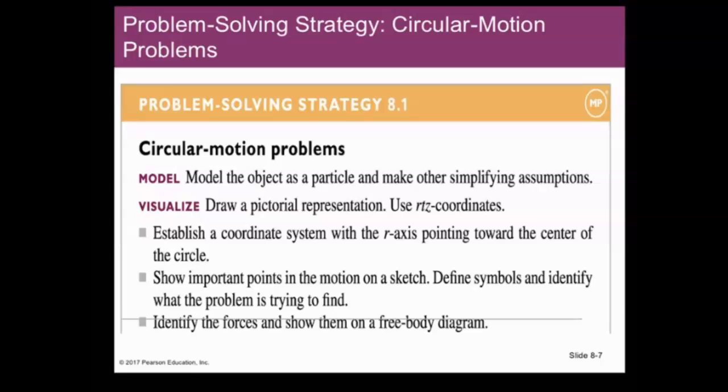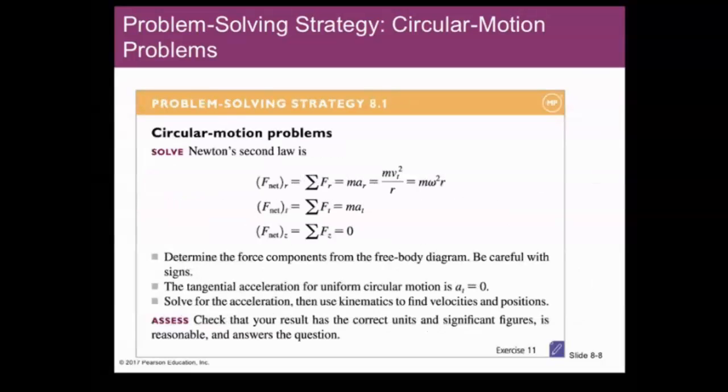Identify the forces and show them as a free body diagram. Then we'll solve by applying Newton's second law in the radial direction, in the tangential direction, and in the z direction.